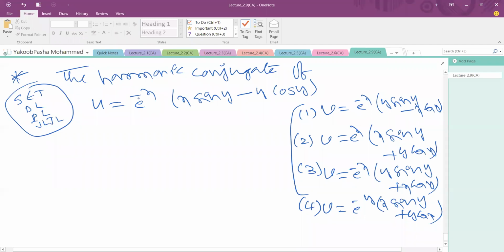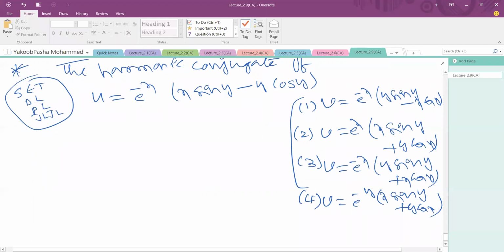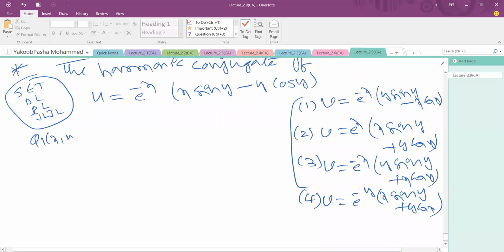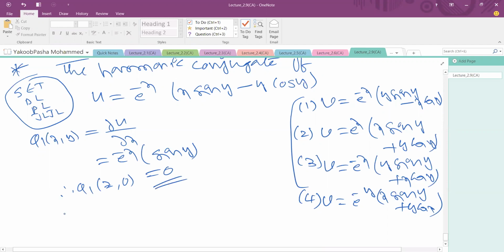It is lengthy, but we can use it. Now I'm taking the real part as given. So φ1 of (x, y) is equal to ∂u/∂x. We can differentiate with respect to x by using the uv formula. e power minus x is constant and the differentiation of x sin y is sin y. So φ1 of (z, 0) value is 0, since sin 0 is 0.